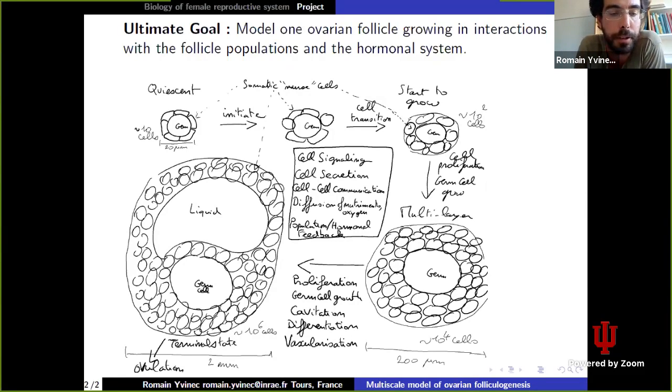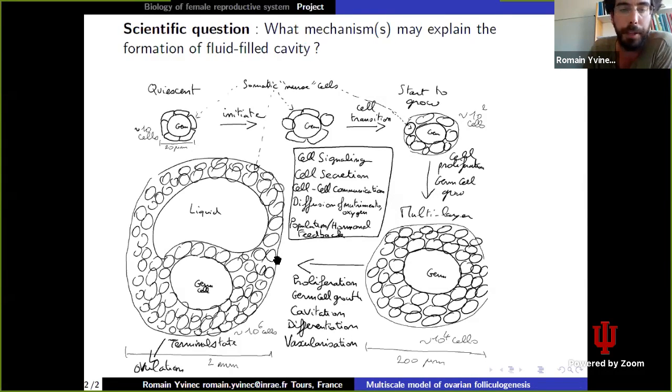There's a bunch of hypotheses to explain how and why this cavity appears, but no decisive hypothesis. So one of the interesting outcomes of this model would be to propose one or several mechanisms that could lead to this cavity formation. That's my scientific question here.